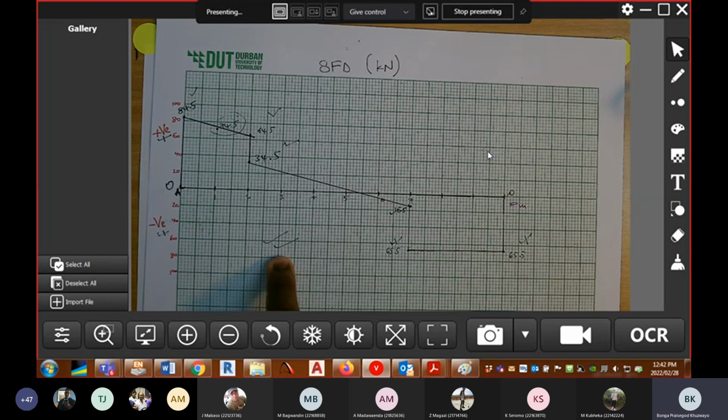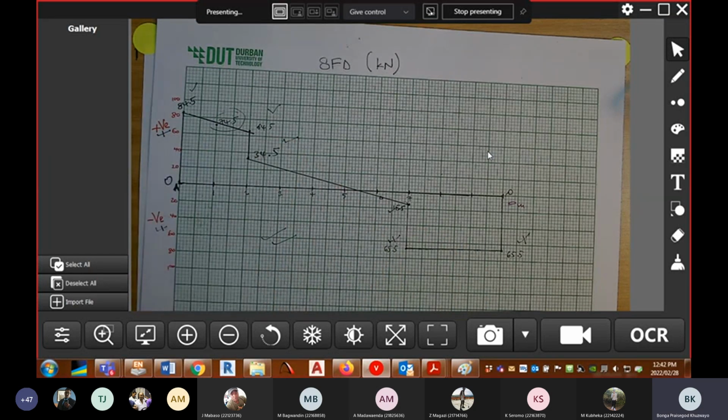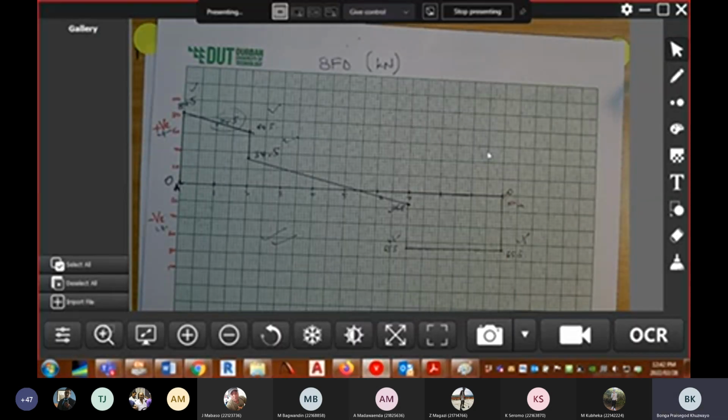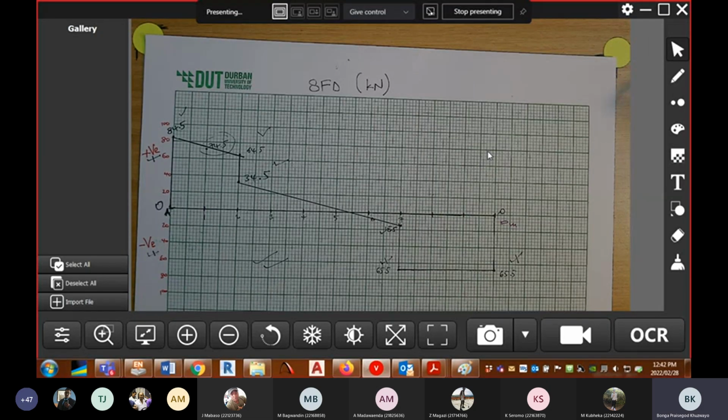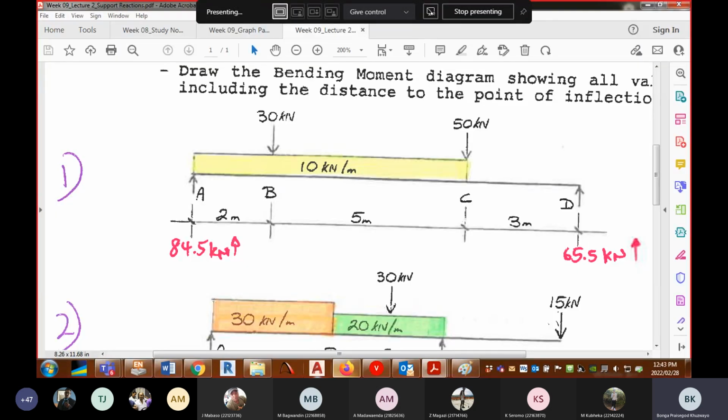Right, so fully annotated, you show those values at critical points, points of interest, where we have discontinuity, and next time we'll talk about discontinuity lines, where we have a sudden change in load. For example, here from 64.5 to 34.5, there's a sudden change in load as a result of this point load of 30 kilonewton.